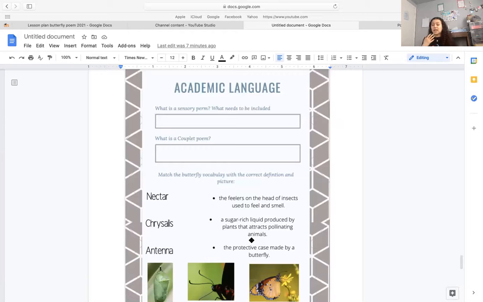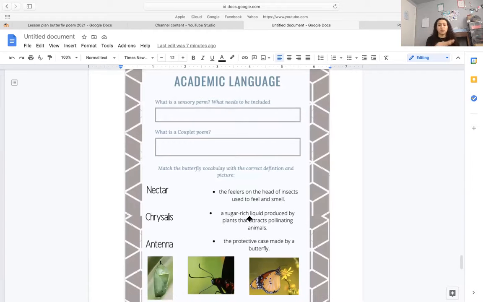And just to review some of the words that we went over, the academic language, we're going to finish this performance task sheet, and just review those definitions and what those are, so we make sure we really have those.